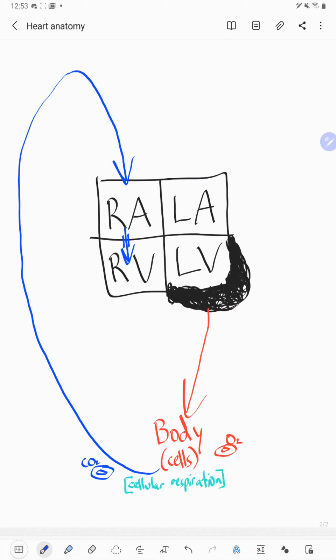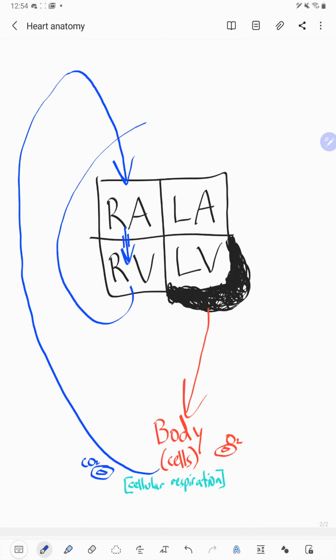So the deoxygenated blood goes into the right atrium, then into the right ventricle. And then once the right ventricle is ready to pump it out of the heart, it's going to come up through the pulmonary arteries.